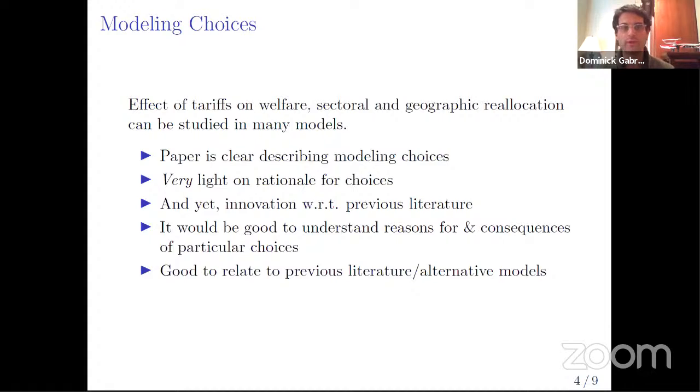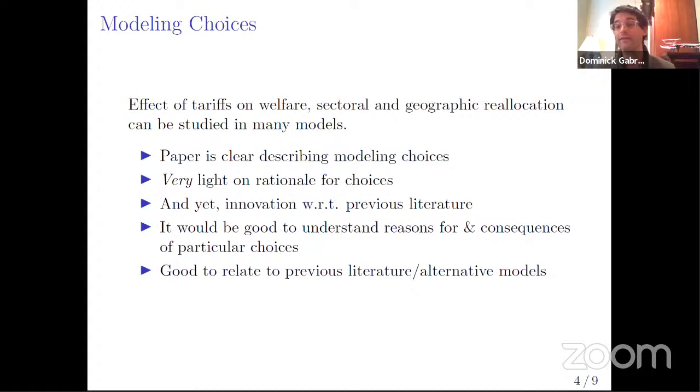So the paper, and Fernando in his talk was very clear about describing the modeling choices, the particular way that they're going to ask this question. But I have to say, the paper, as it currently stands, is a little bit light on the rationale for the particular choices.